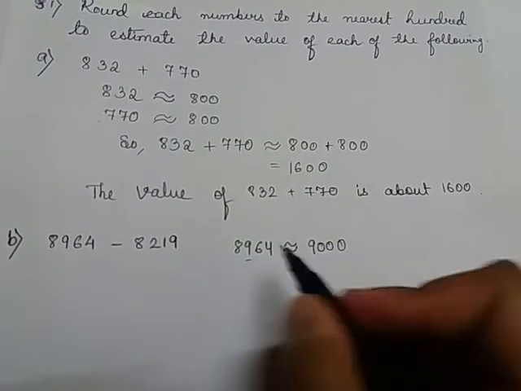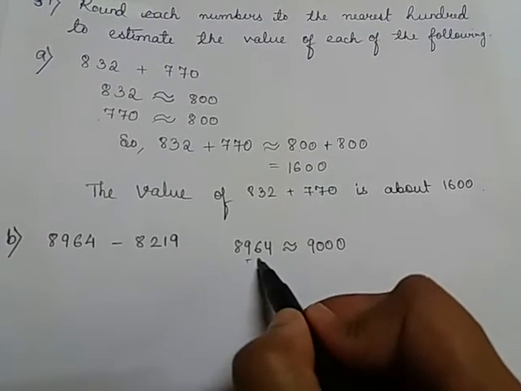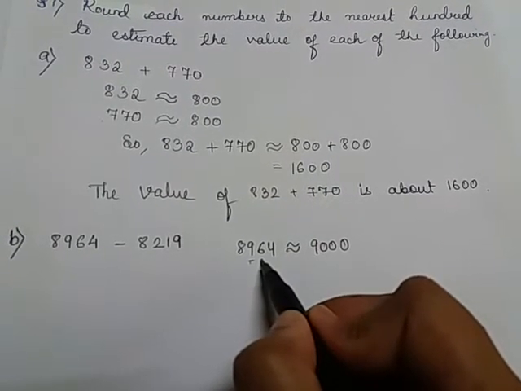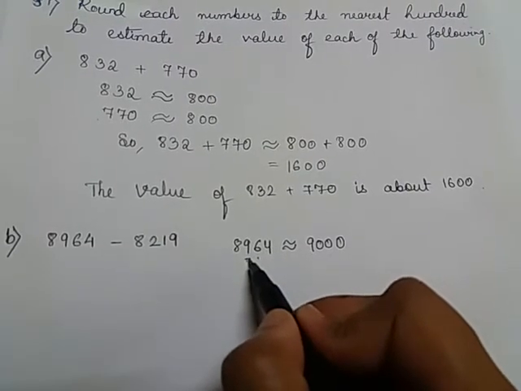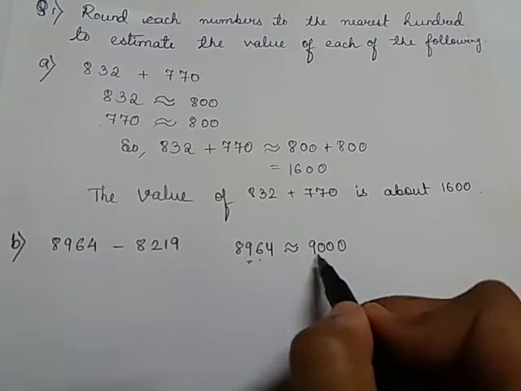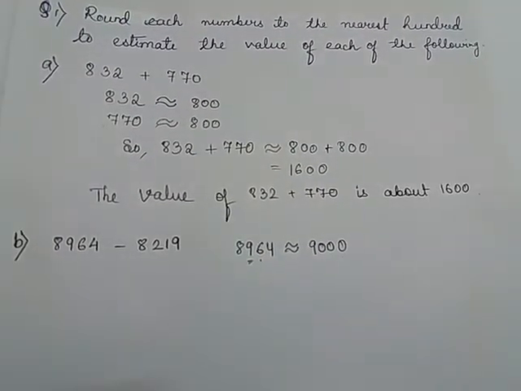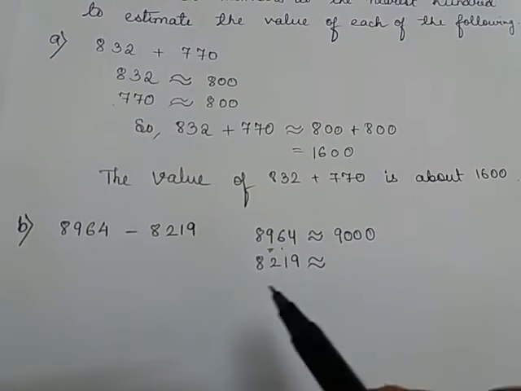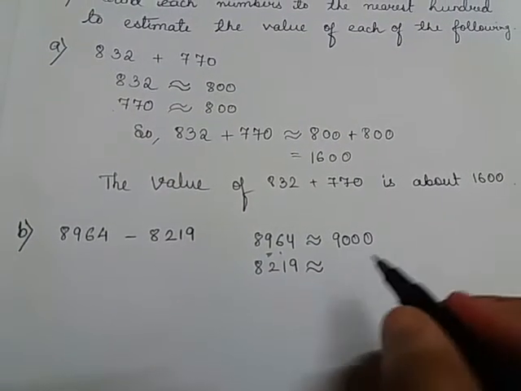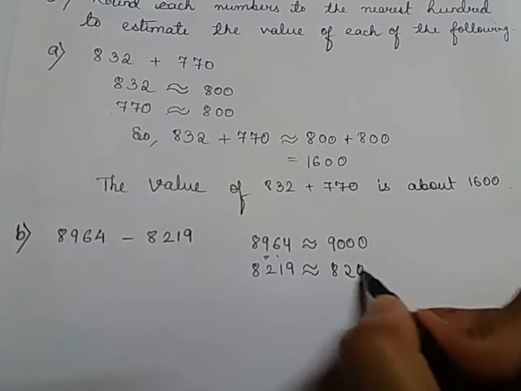We know why, because this is the number which will be rounded up, because this 6 belongs to the strong number group, and when this is rounded up, this will become 10. We will keep 0 here, we'll shift 1 as a carryover, this will become 9000, and 8219 will become 8200.